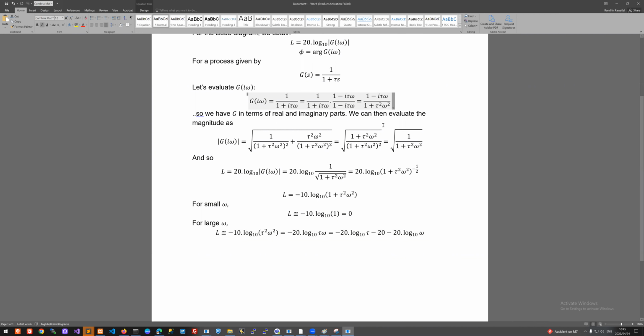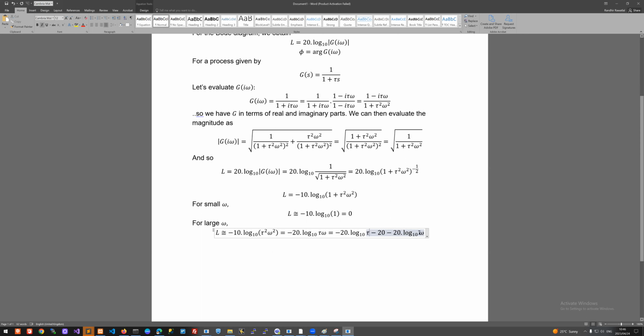Okay, so that's how we can get L. And it just so happens in this case, we are given the equation. And so for that equation, at low values, L looks like this. At larger values, L looks like this. And here we've said tau is a constant. So this part, 20 log10 tau, is constant.